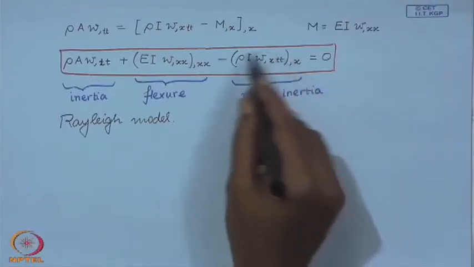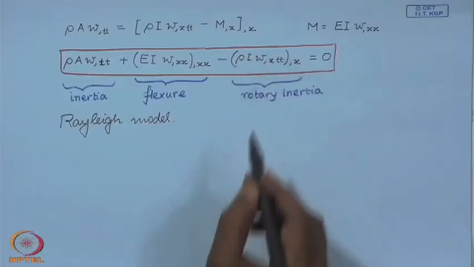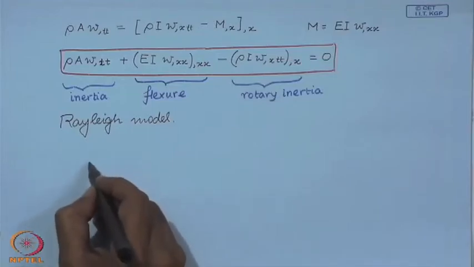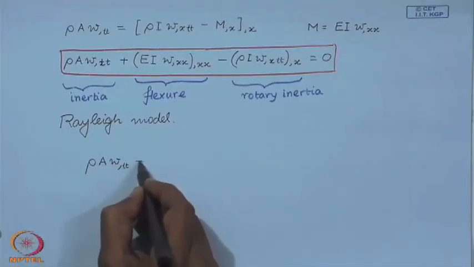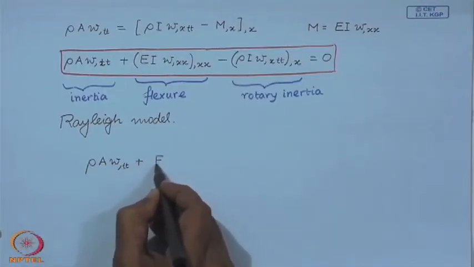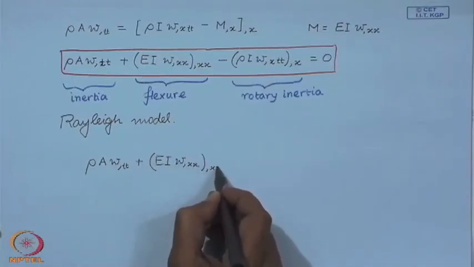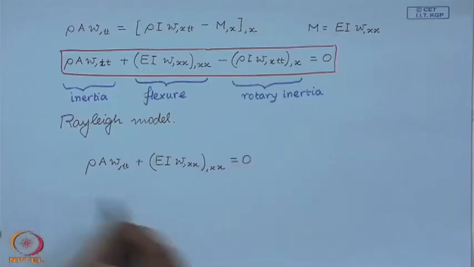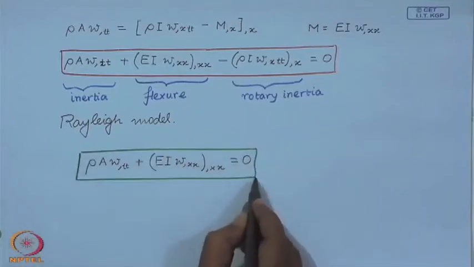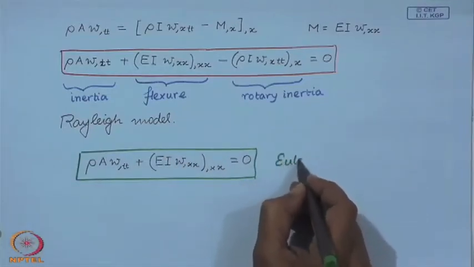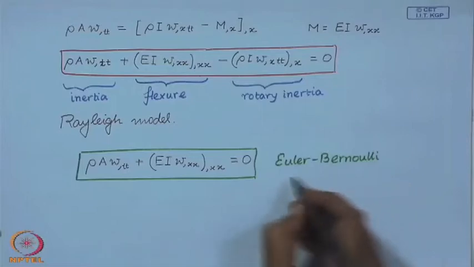For very slender beams, this term can be neglected, and in that case this is known as the Euler-Bernoulli beam model.